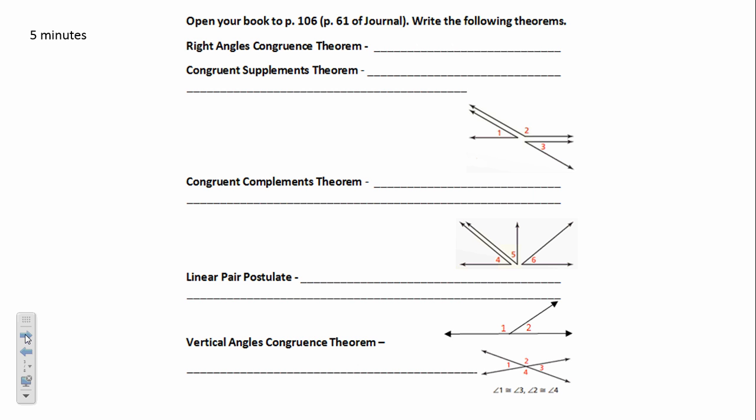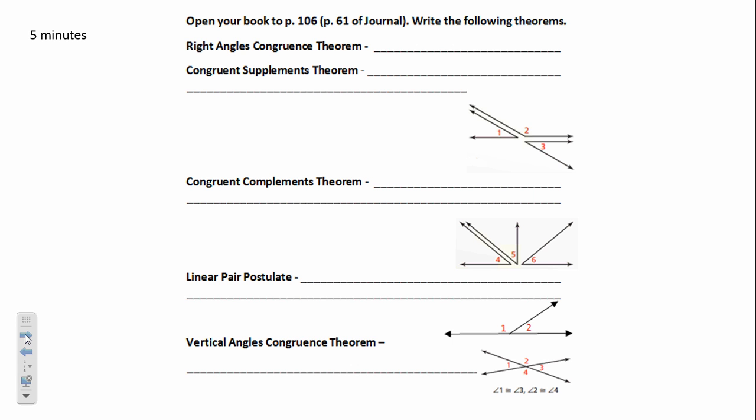What does the right angle congruence theorem say? Toward the top of your page on page 106 or page 61 in your student journal if you don't have your book. I think everybody's got their book today almost. Okay. What does the right angle congruence theorem say? All right angles are congruent.